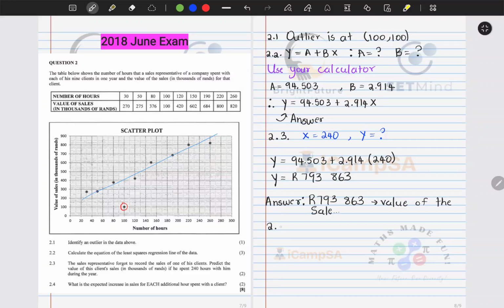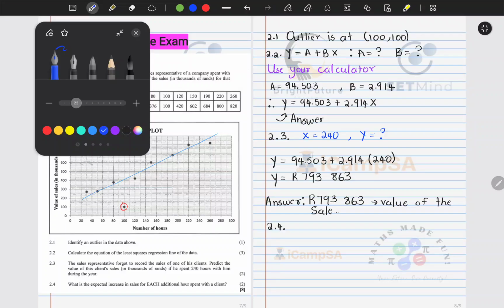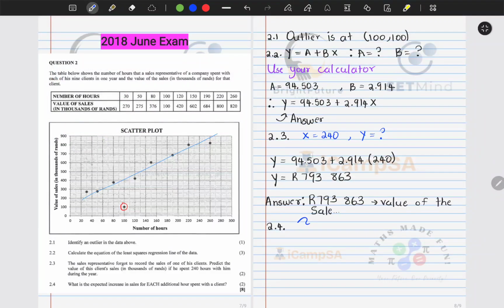So let's have a look at the next question, 2.4, where we are asked what is the expected increase in sales for each additional hour spent. So if you think carefully, what we are looking at here is actually the change in price per hour, for every hour.